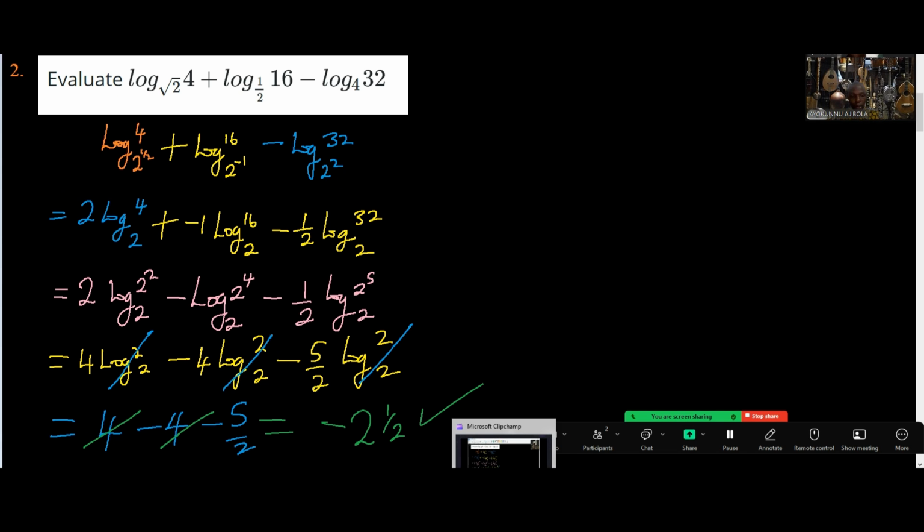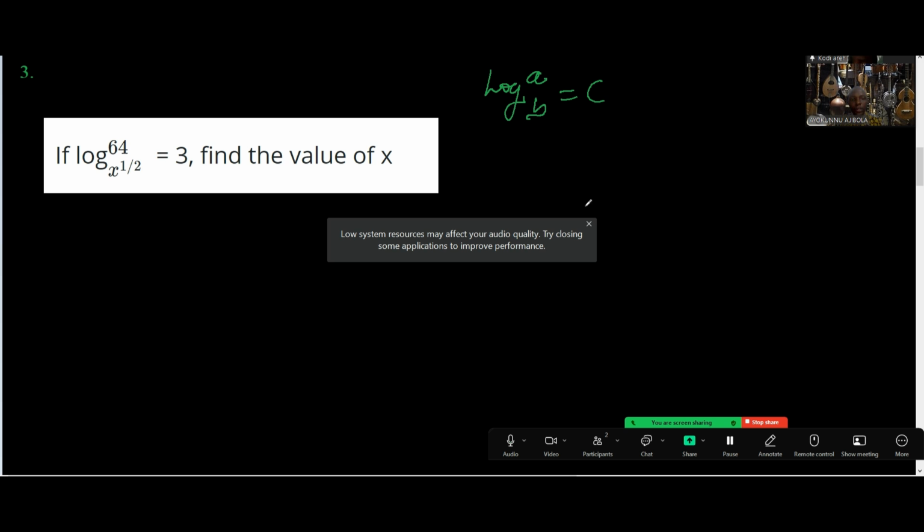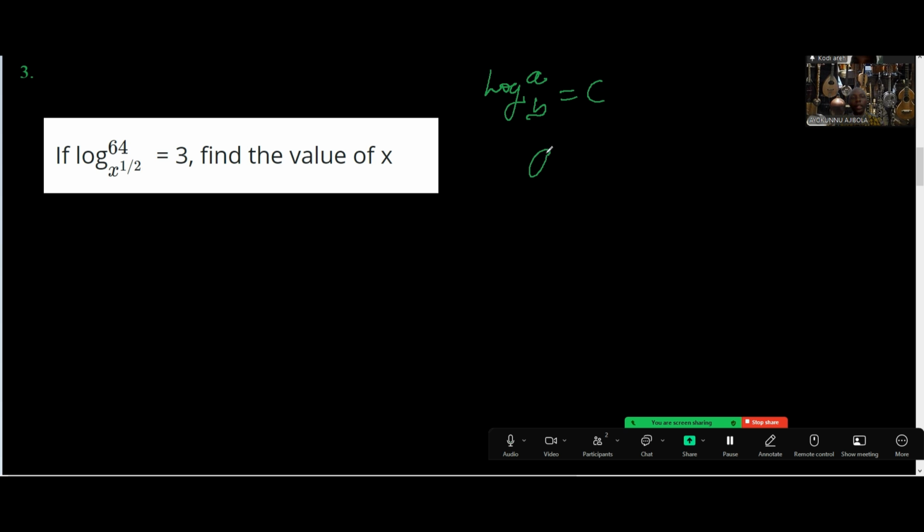We're going to look at another. This next question says: if log 64 base x raised to power half equals 3, find x. This one is in line with the law of logarithm that says log a base b equals c can be rewritten as a equals b raised to power c.